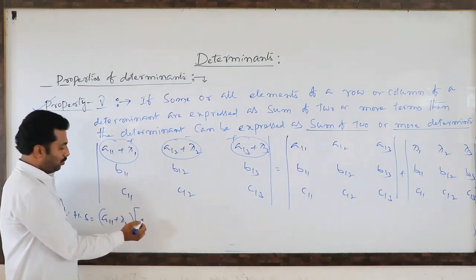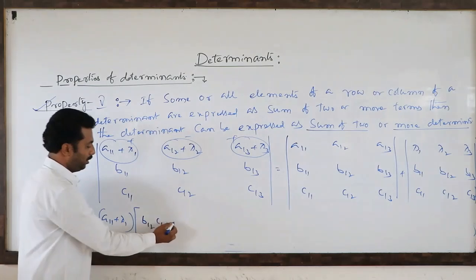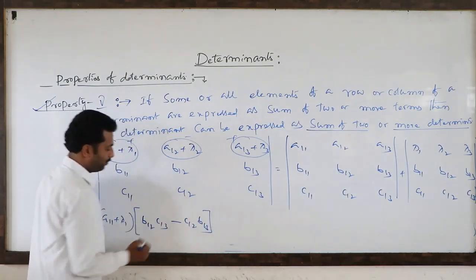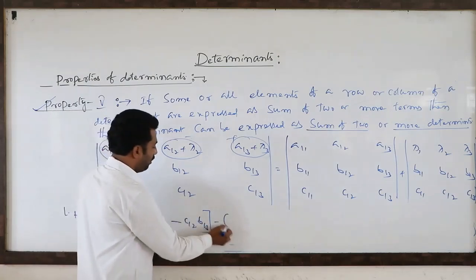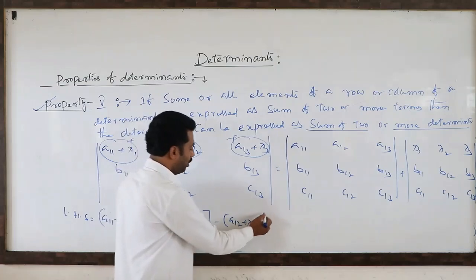B11, B12, C13, B12, C13 minus C12, B13 minus A12 plus lambda 2.